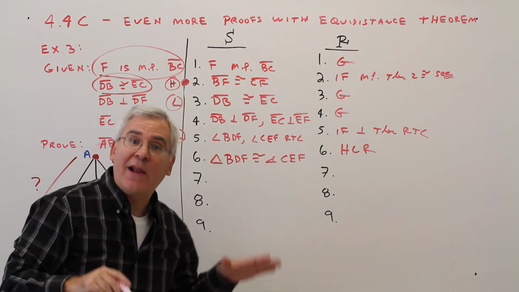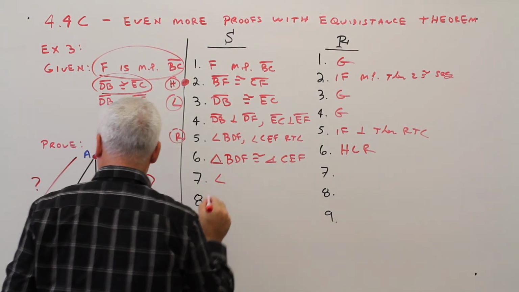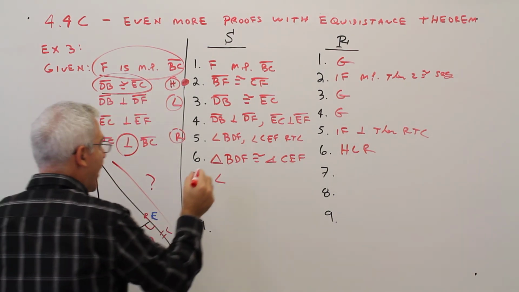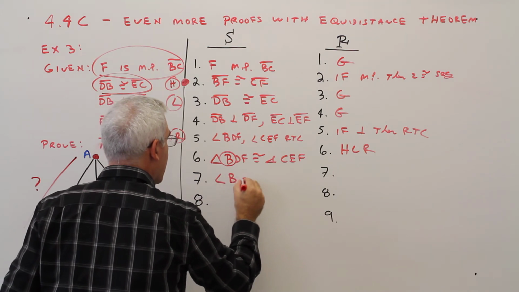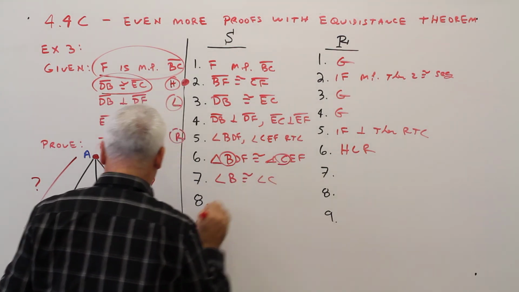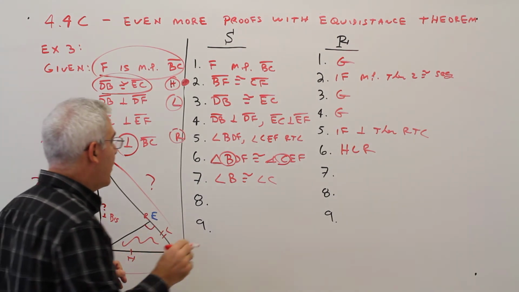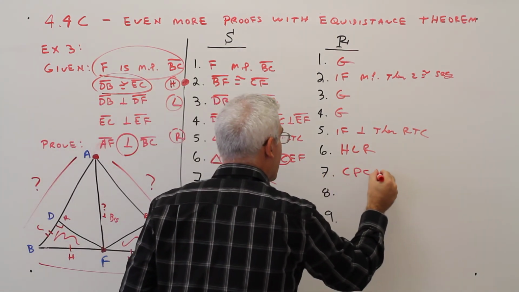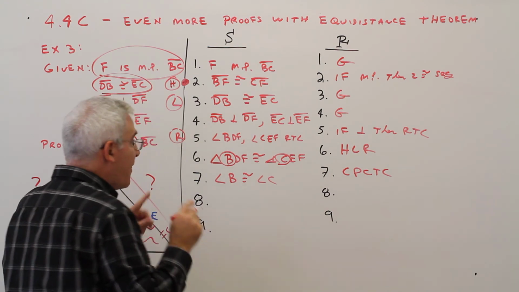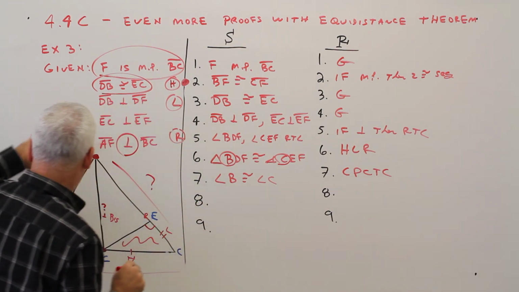Then once I get the triangles, I can get the parts. So angle B is congruent to angle C. I could just use one letter because I don't have any ambiguity there. CPCTC.